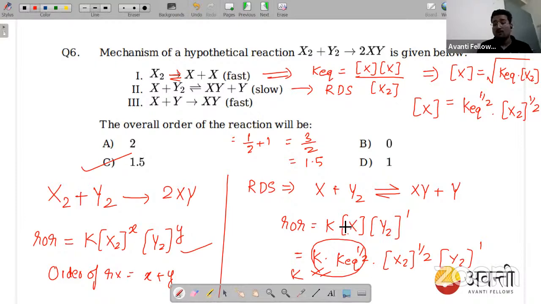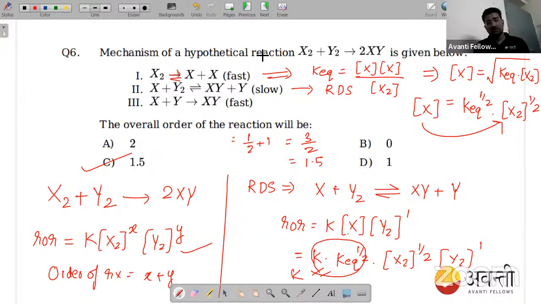But it is in the form of X, and we have to find the rate of reaction in the form of X2. So for that reason, we calculate the value of X in terms of X2. And putting this value of X into this equation, we get the rate of reaction in terms of X2 and Y2. And in terms of X2 and Y2, we get the values of x and y, that is x is half and y is 1. Order of reaction is half plus 1, that is 1.5. Is that clear? I hope this question is clear to all of you. Anyone any doubt?